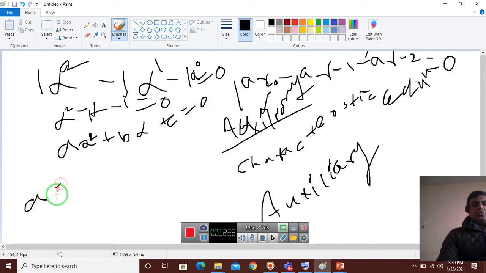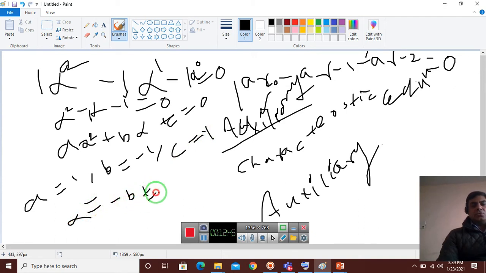So a equal to 1, b equal to -1, and c equal to again -1. Just apply the formula, as you know, the formula for solving a quadratic equation: alpha equal to -b plus minus square root of b square minus 4ac, upon 2a.